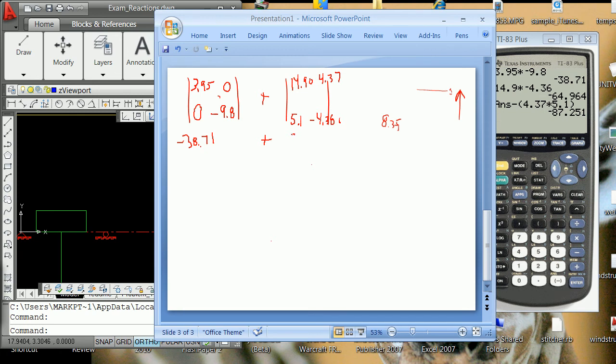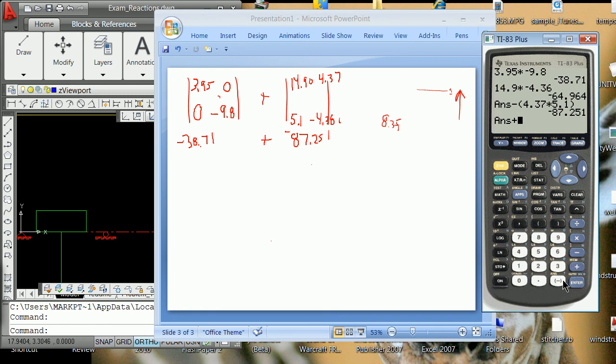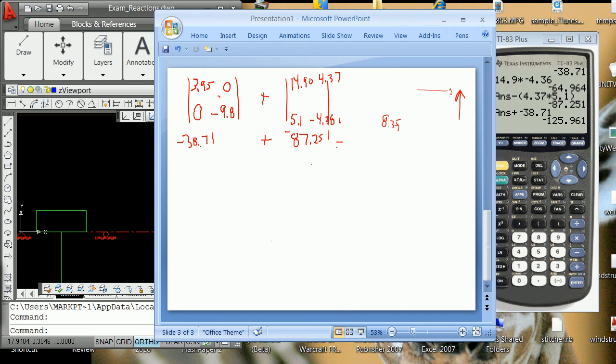So you write that down, minus 87.251, and then you can do that plus minus 38.71. That gets you minus 125 equals minus 125.96.